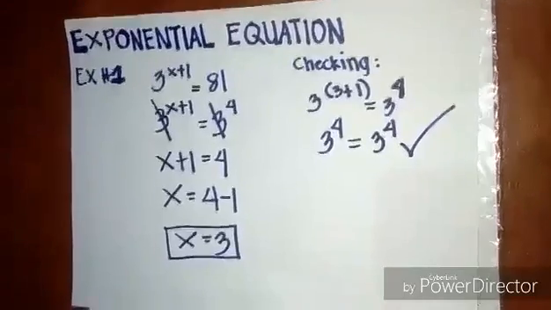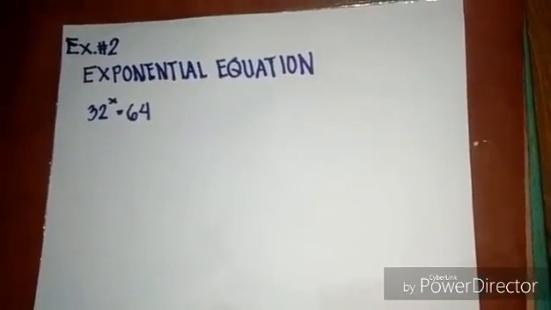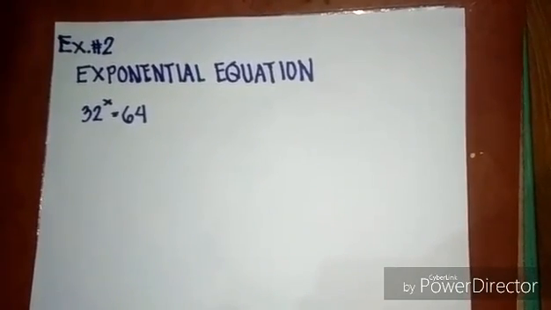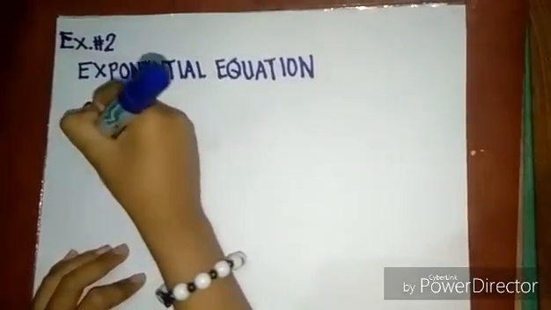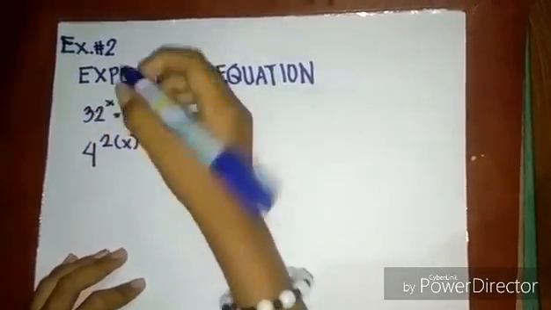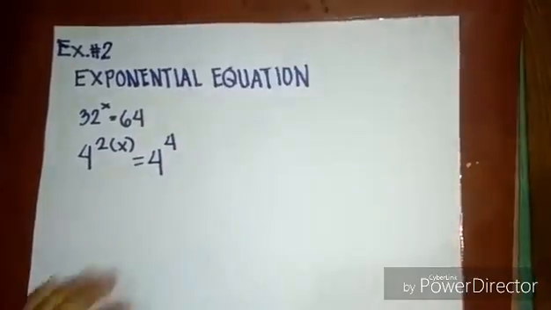Example 2. 32 raised to x equals 64. Express 32 and 64 as a power of 4. So, 4 raised to 2x equals 4 to the power of 4.